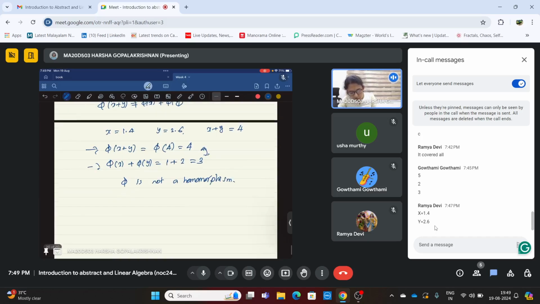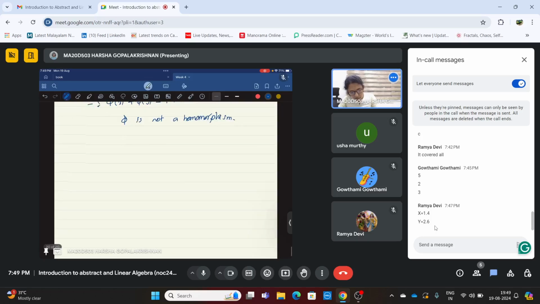Now the next question is phi from R to R star. What I am saying is R is under addition, and R star is under multiplication. Given phi of x equal to 2 power x. Is this a homomorphism?